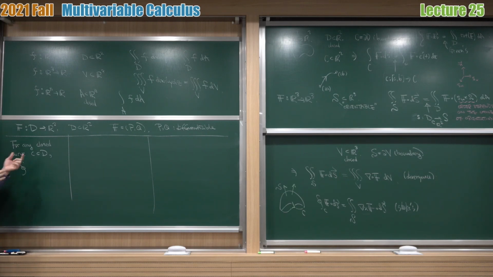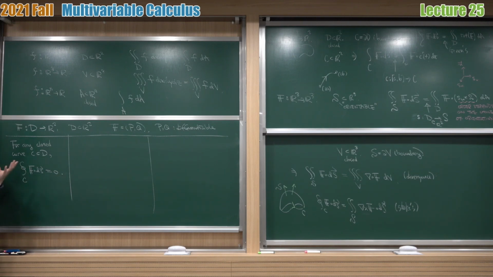The condition says that if I take any closed curve inside of the domain of the vector field, then the line integral of this vector field is always 0.